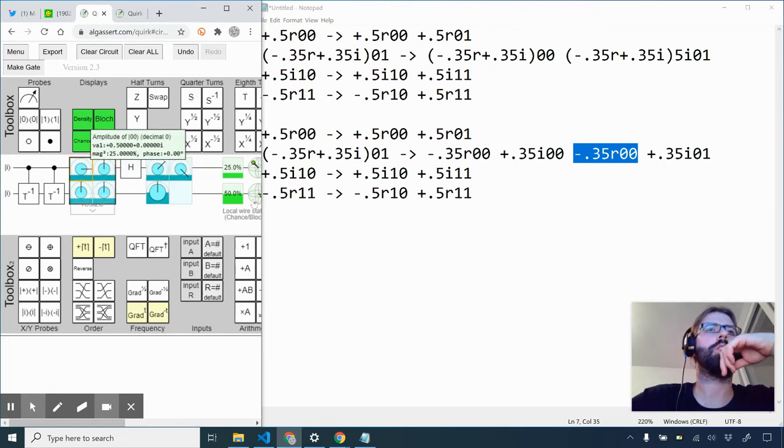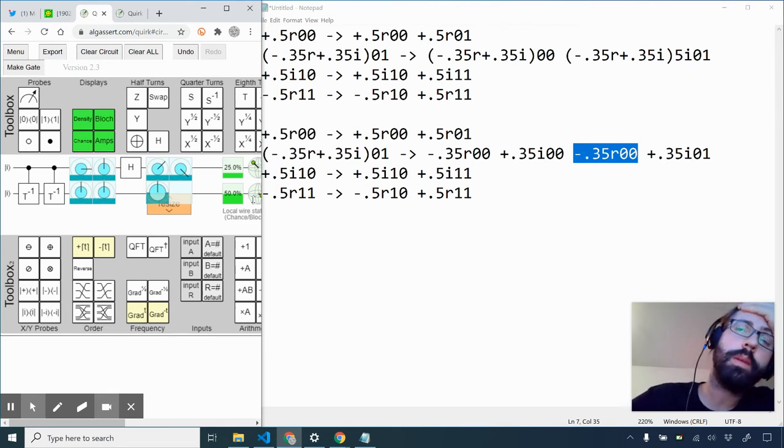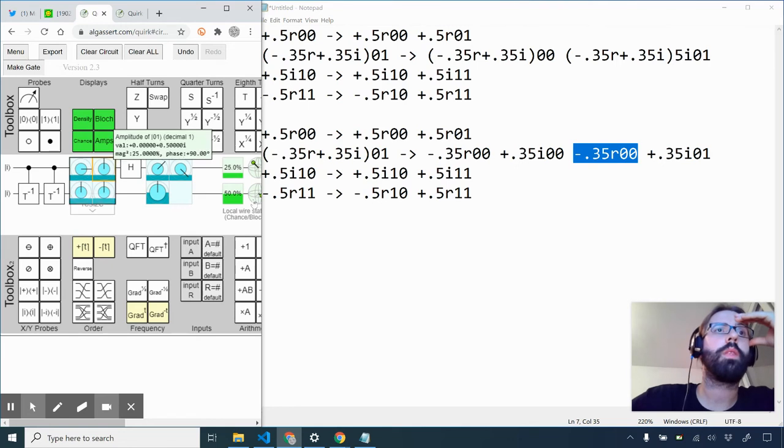Well, I just actually proved myself wrong. I proved myself wrong totally. Here we have amplitudes where, wait a second. This is weird.